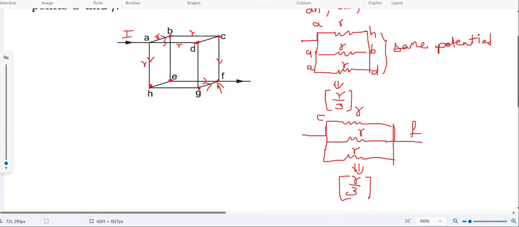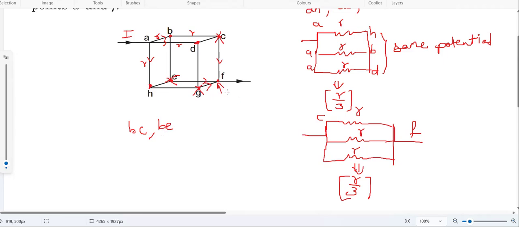In the meanwhile, what are the branches you can see?